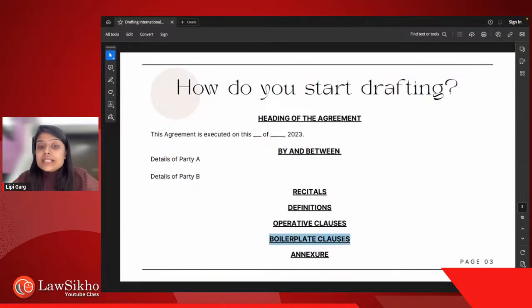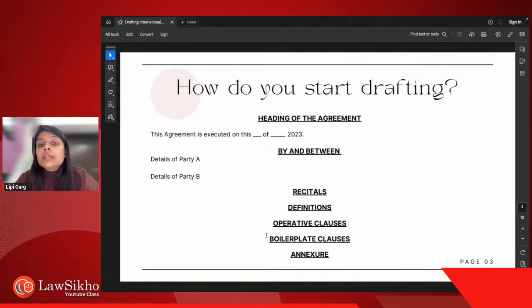I am not saying that you don't have to look at boilerplate clauses, or that you should copy-paste them here and there, but you have to pay a lot of attention to operative clauses, because they will definitely change with every type of agreement, or any agreement with different parties.